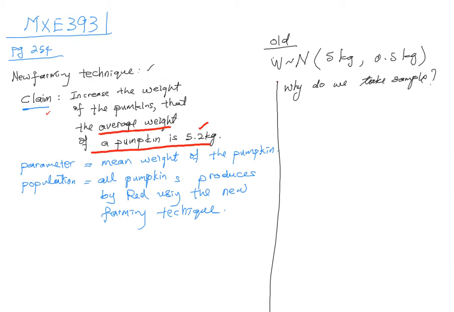In this case, what do we want to know? To get an estimation of the population. We want to know the true parameter of the population. In this case we have to be very specific.